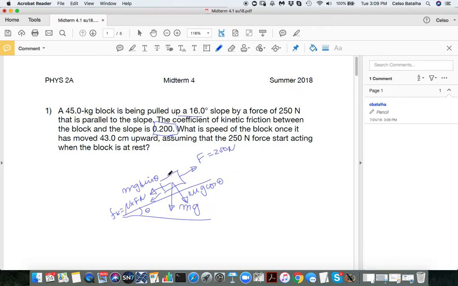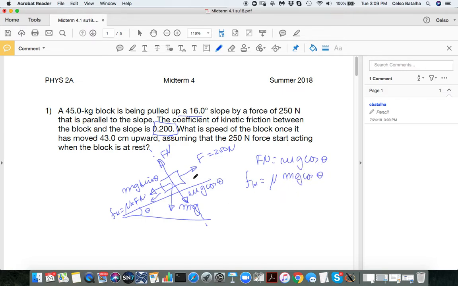Now, the normal force is balanced out by the gravity projected along this direction here, which is mg cosine theta. So basically, the kinetic friction is equal to this coefficient times mg cosine theta.